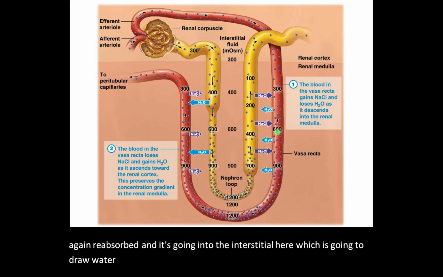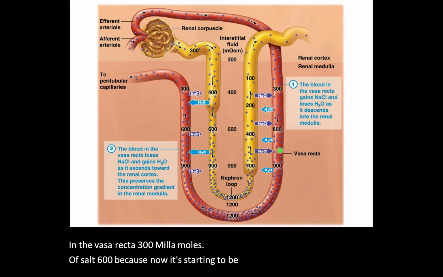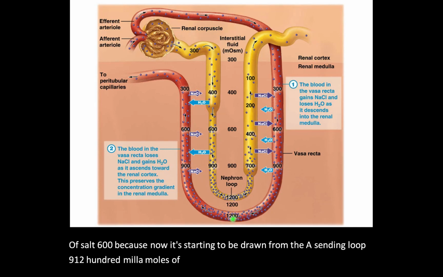But it's also being sucked up and brought into the vasa recta over here. And so in the vasa recta you go from 300 millimoles of salt, to 600 because now it's starting to be drawn from the ascending loop, to 900, to 1200 millimoles of sodium chloride.